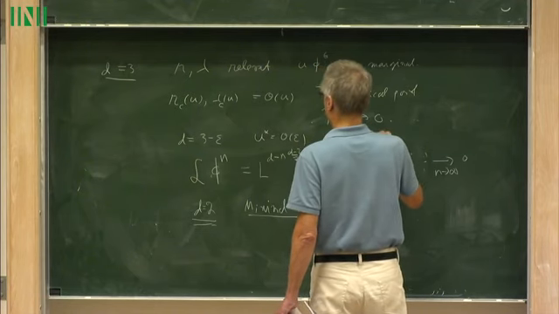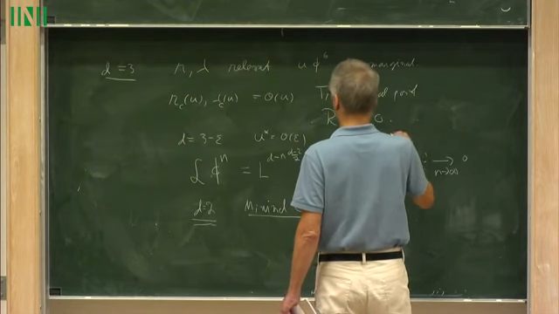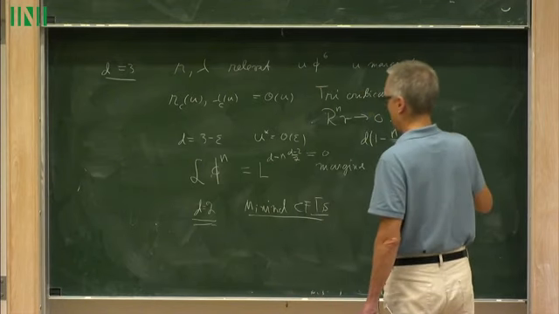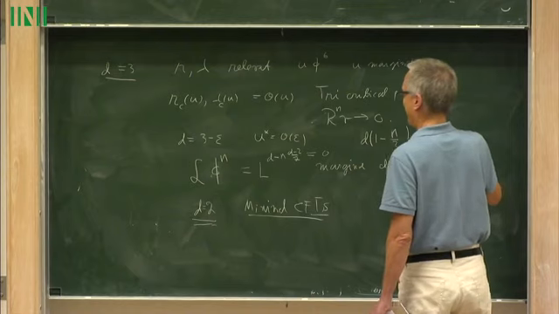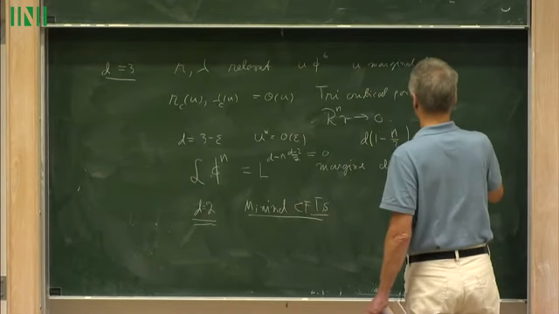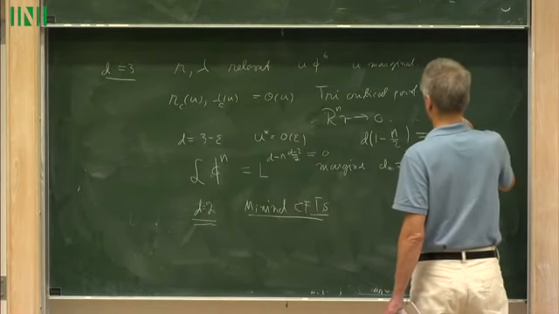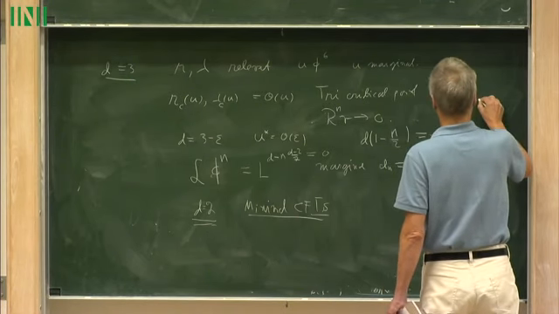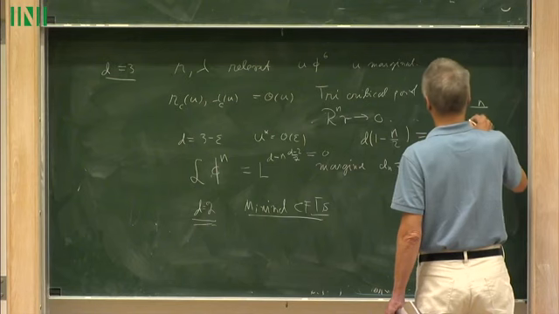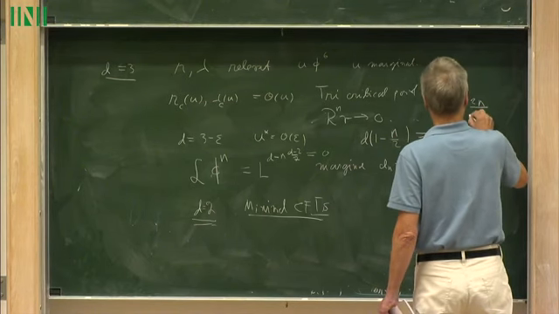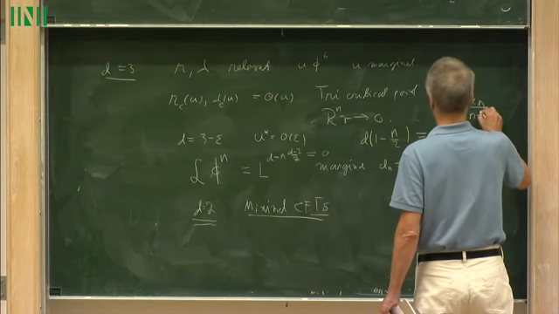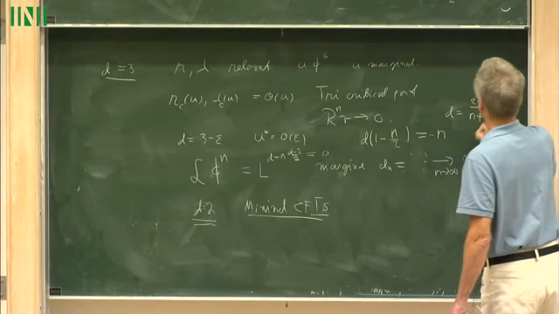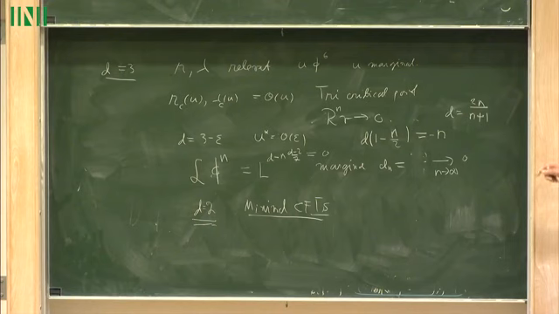So d is n over 1 minus n half, so 2n over n minus 2.